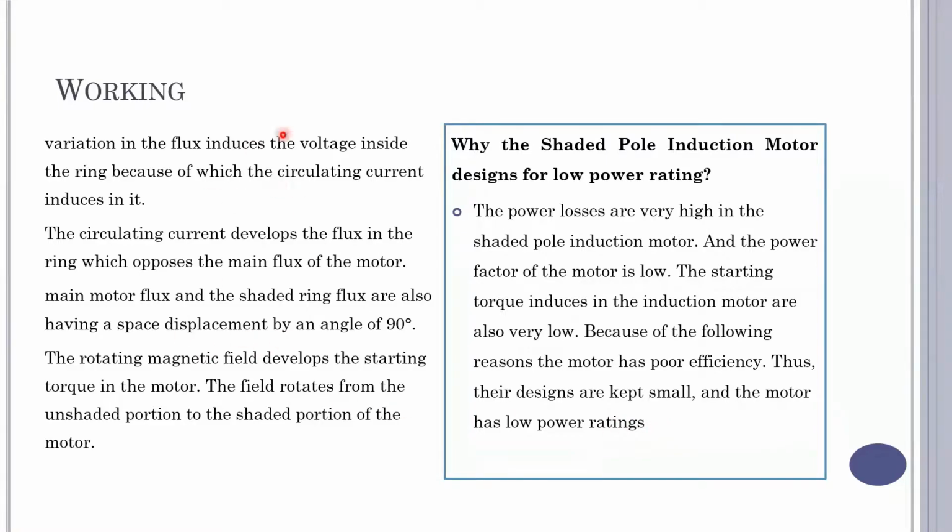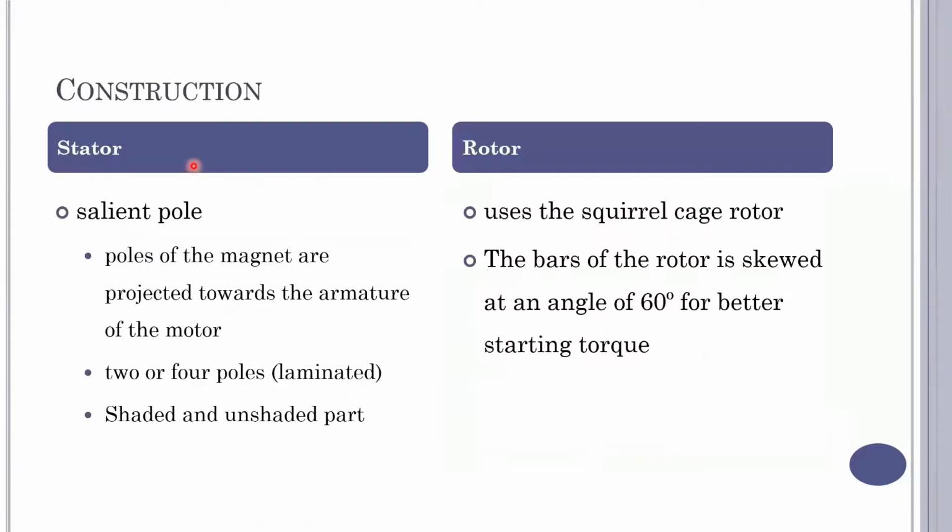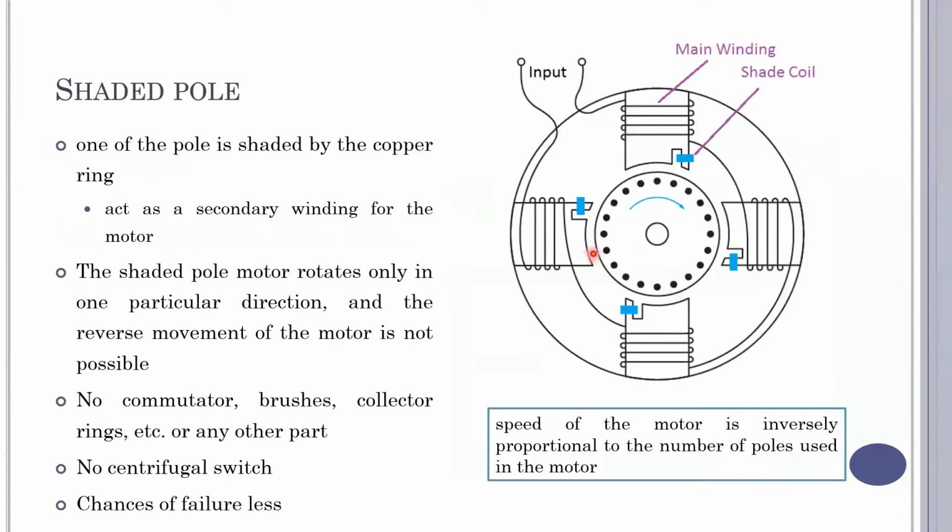And this slide explains the working of a shaded pole induction motor. Because of the variation in flux that is being generated here, along the unshaded portion, because of the current that flows through this main winding, a field is created, but a more dense field is created here.